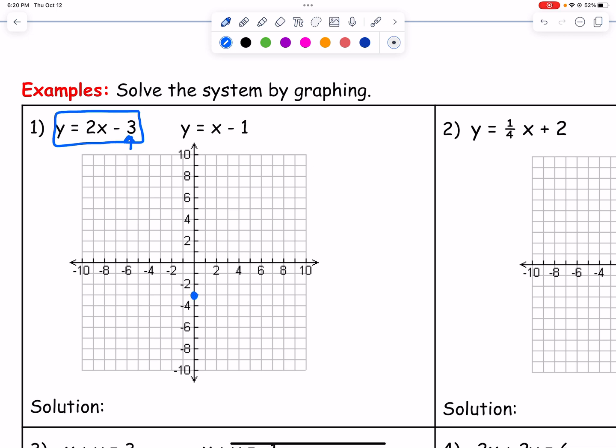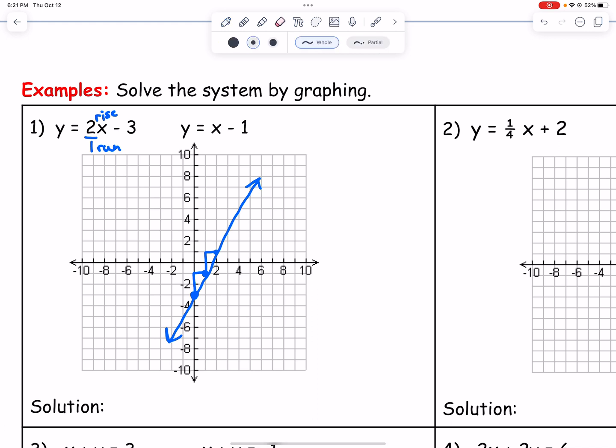Then I'm going to use a slope of 2, but really that's equal to 2 over 1. So we're going to rise 2 and run 1. From my y-intercept, I want to rise 2 points and run 1, so 1 to the right, and that's all positive. So up 2, right 1, up 2, right 1. That gives me several good points where I could graph this line.